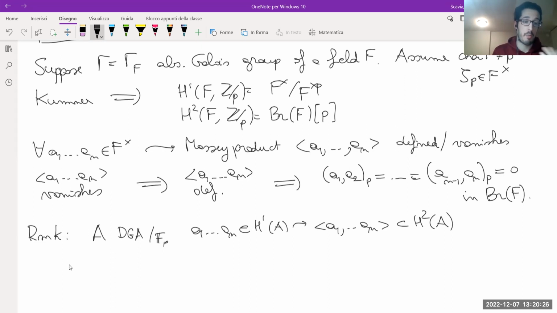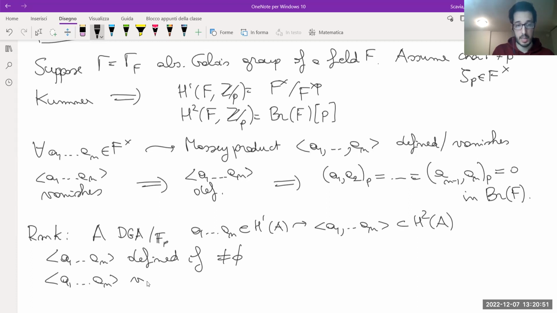Once you have this definition, you can say that the Massey product is defined if it is non-empty, because it could happen that there are too many conditions, and you were not able to satisfy all of them. If you were able to, then the Massey product is defined.